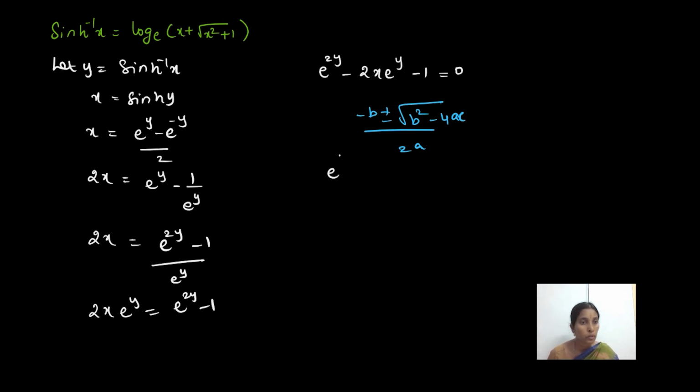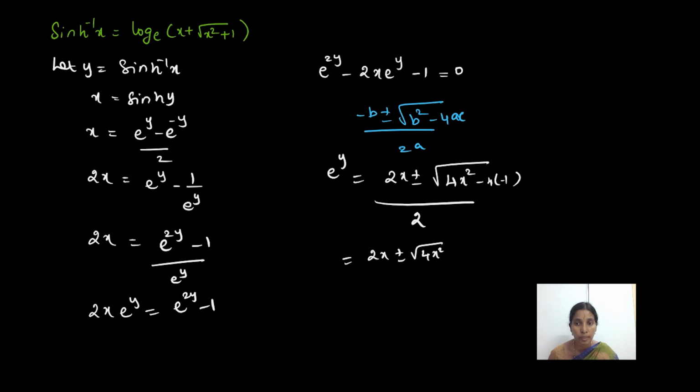So e power y equals 2x plus or minus root of 4x square minus 4 into minus 1, by 2 into a, where a value is 1, so 2. So here, 2x plus or minus root of 4x square plus 4, by 2. Here you take 2 outside: 2 times x plus or minus root of x square plus 1, whole thing divided by 2.